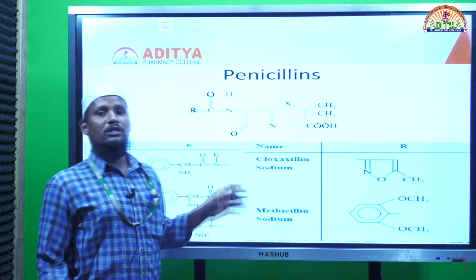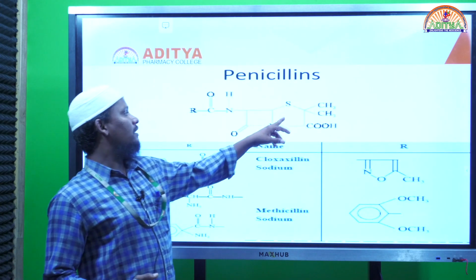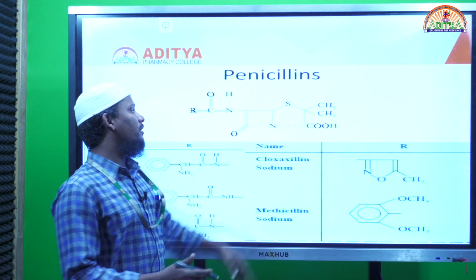Okay, so this is the general structure of penicillins. It contains a 5-membered thiazole ring.